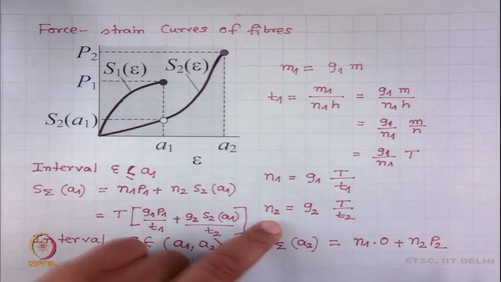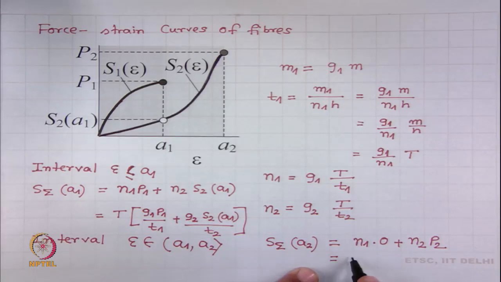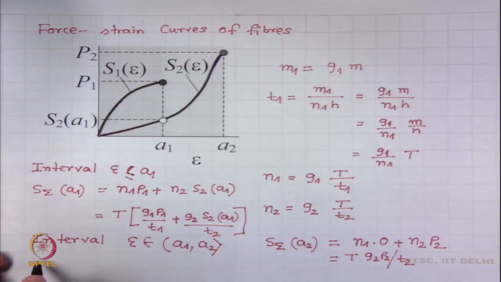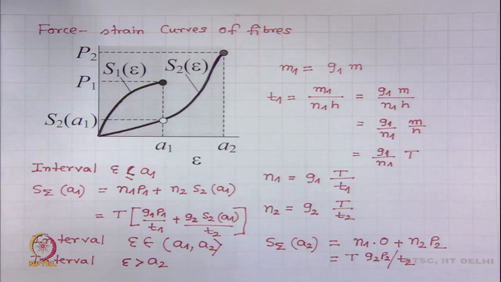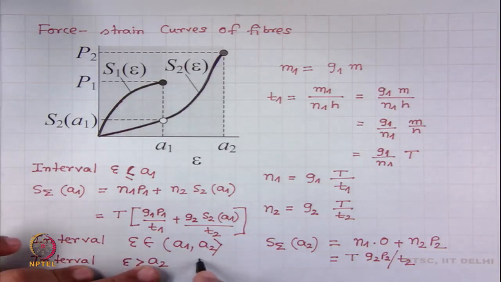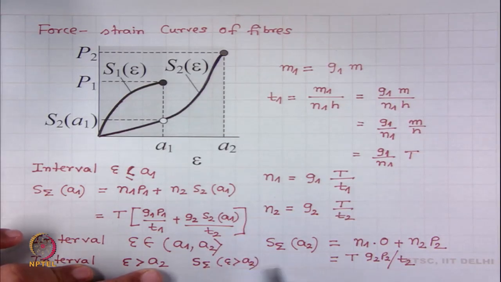If we substitute N2 here, then it will be capital T G2 P2 by t2. Then the last interval, epsilon greater than A2. There is no fiber, there is no bundle. So, what will be the force at that strain? 0.